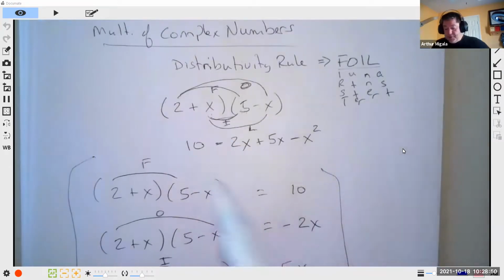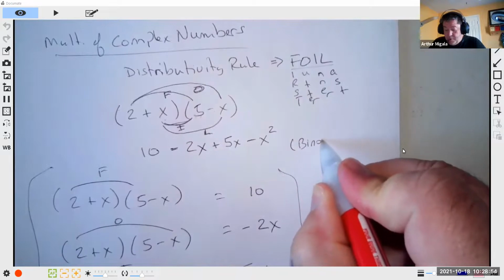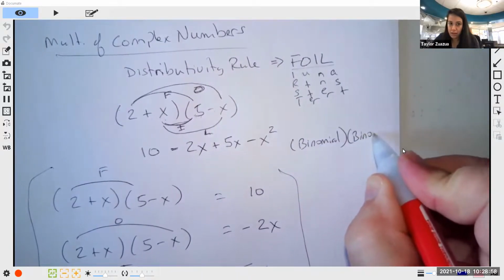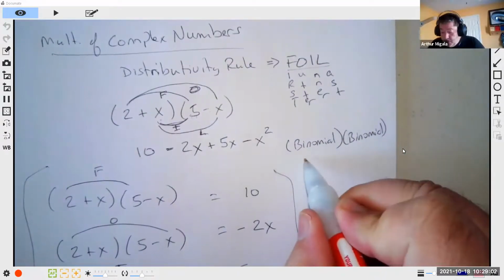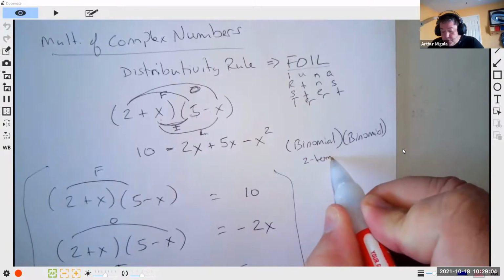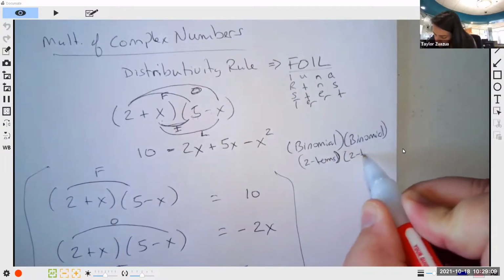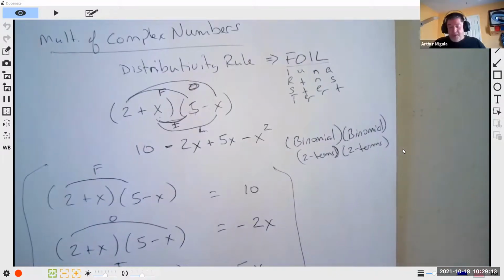It only works if you have a binomial times a binomial. In other words, two terms times two terms. That's the only time the FOIL method works.